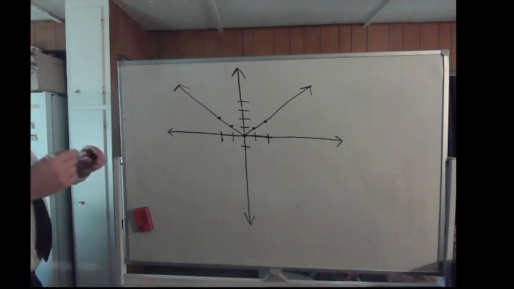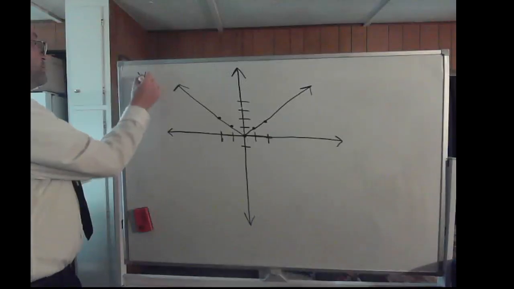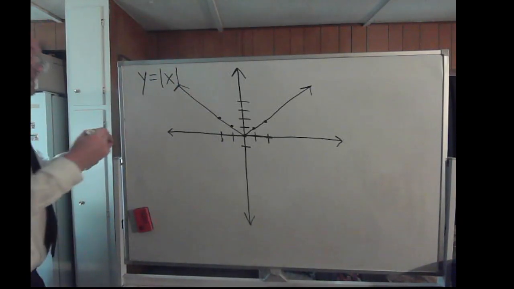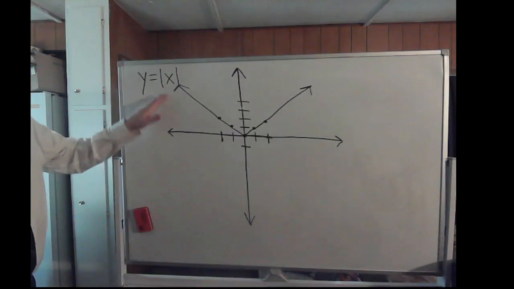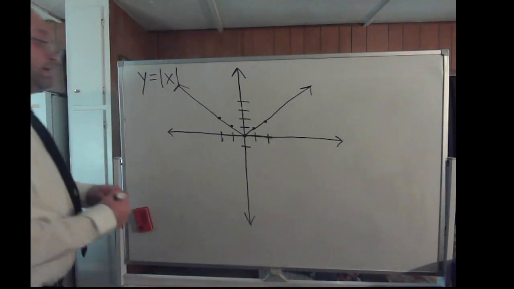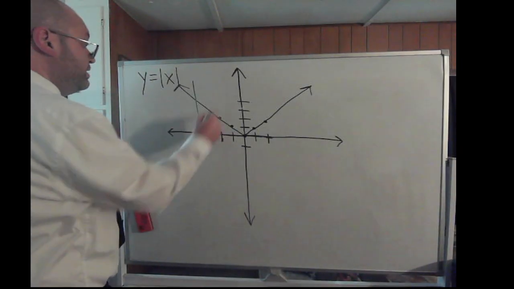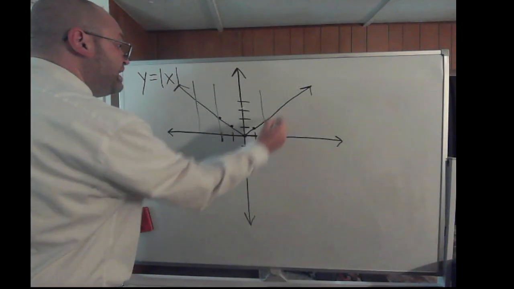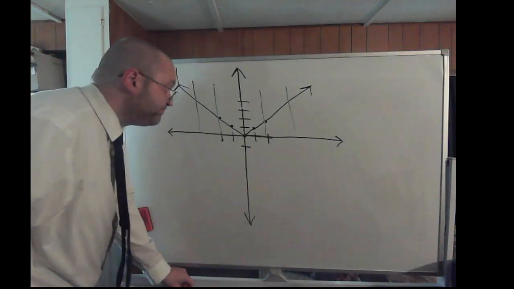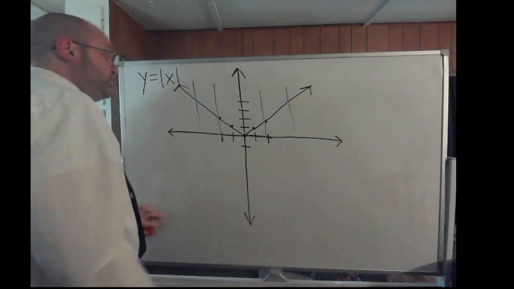If you're wondering what this one is, this is the graph of y equals the absolute value of x. That's what y equals the absolute value of x looks like. If I do the vertical line test on this one, it's still intersecting at only one point, so yes, this is in fact a function. So y equals the absolute value of x is actually still a function.